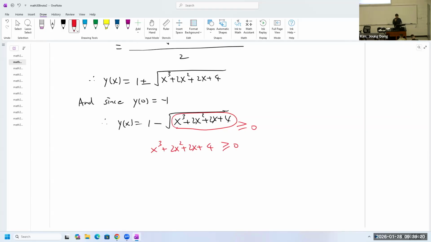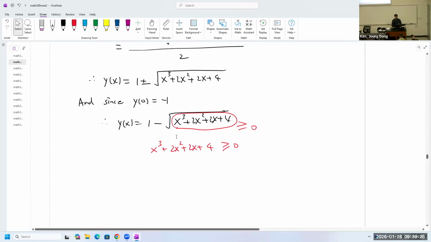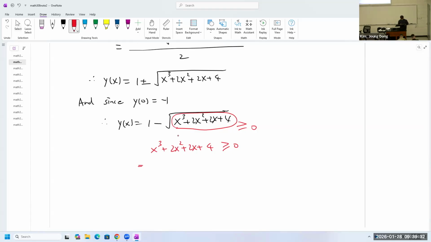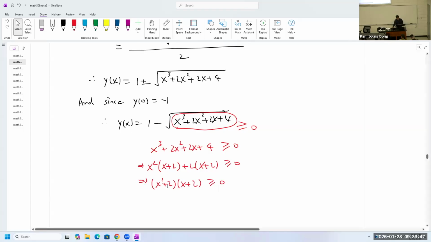It is a cubic, but fortunately that form is a good form, which we can factor, right? x squared, oh, come on, they started again. Like that. And factor like this way. Is it okay? So now we have two factors, but look at the first factor, x squared plus 2.